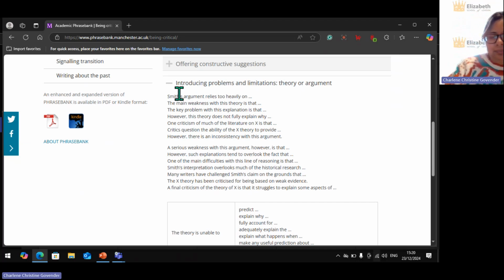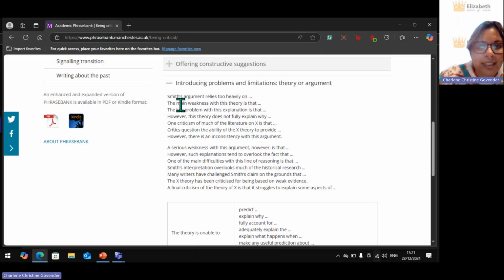All we are doing is looking at different ways to go about improving our writing and finding specific phrases related to introducing, referring to sources, describing methods, and so forth.